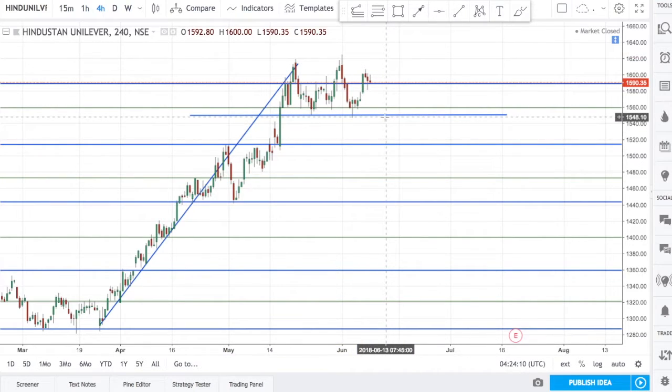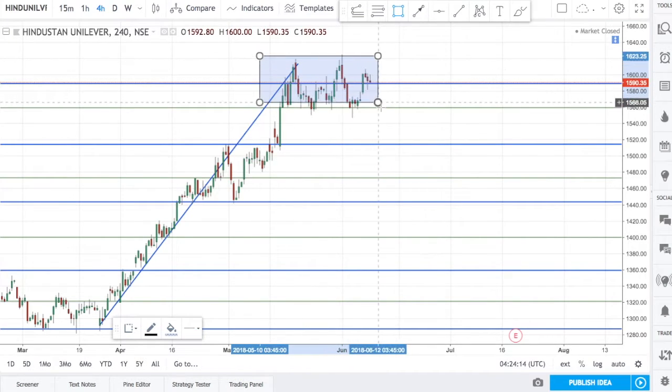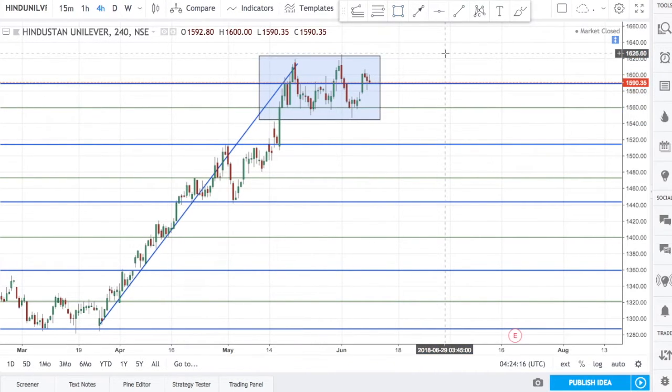Okay, so focus your attention on this portion here. What is the prerequisite for a counter trend trading opportunity? We need 3 higher highs along with an RSI divergence.